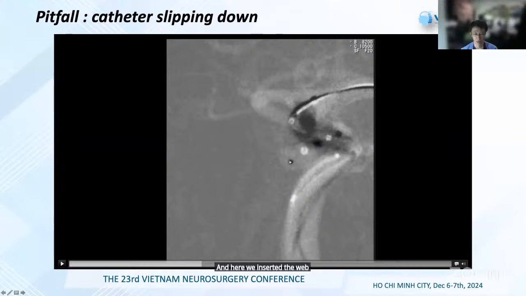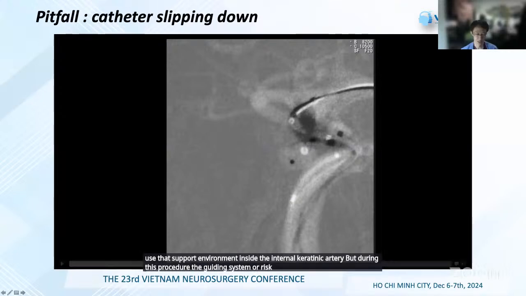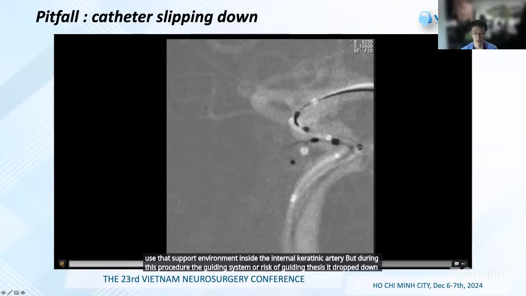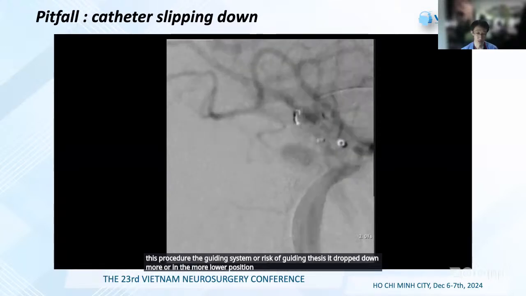This is the tip of the WEB device, and we use the support balloon inside the internal carotid artery. But during this procedure, the Wrist guiding sheath dropped down to a lower position.